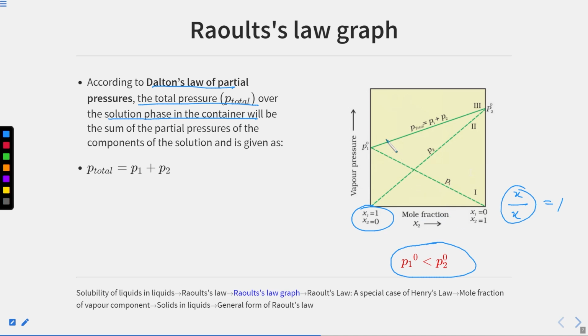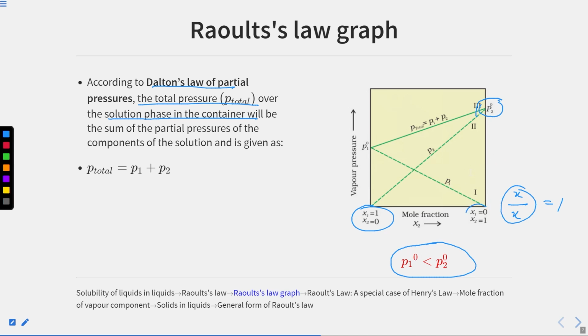So the total pressure will also increase, because now x2 is present in excess, and I have told you earlier that P02 is greater than P01, and it will have a direct effect. So as 2 increases, the total pressure will also increase, and at last we have only the second component. So the total pressure will be equal to P02.